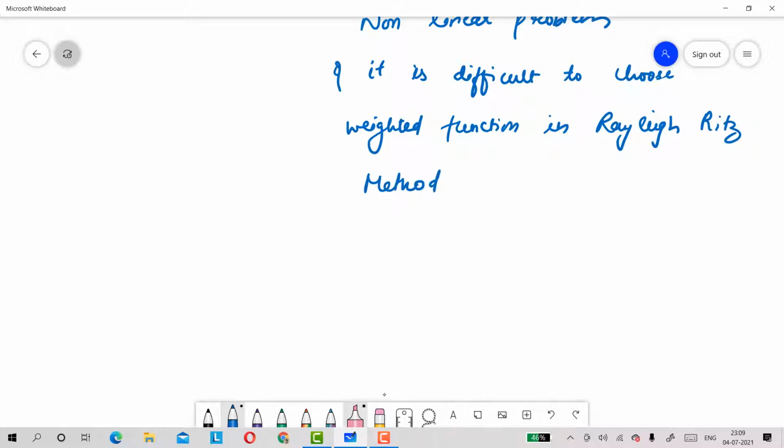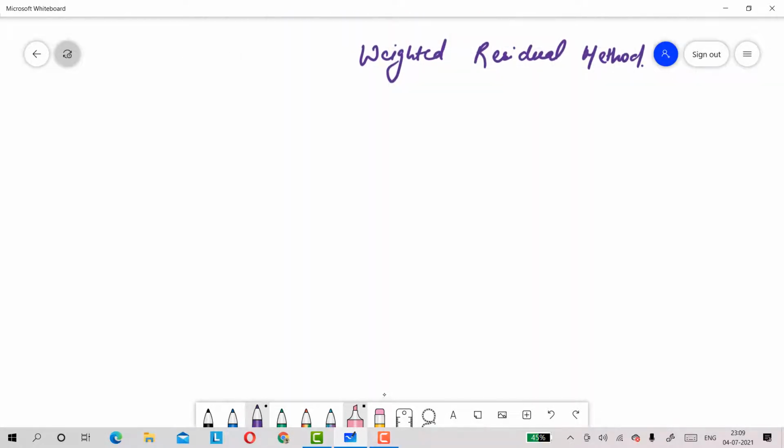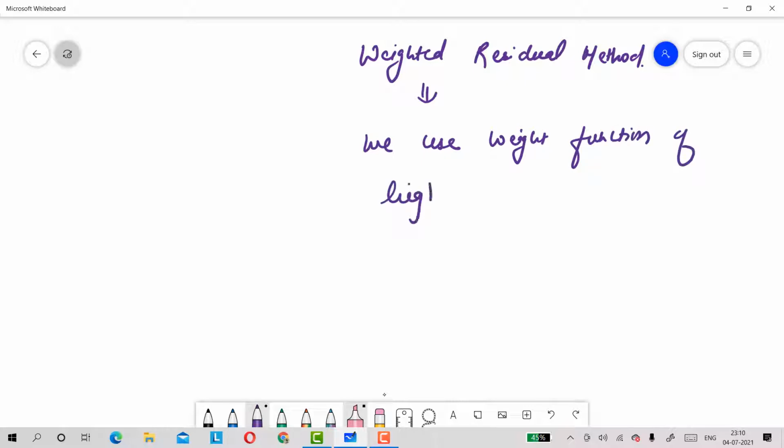Okay, so to solve these problems, we use the weighted residual method. Okay, and we use weight functions of higher orders here.